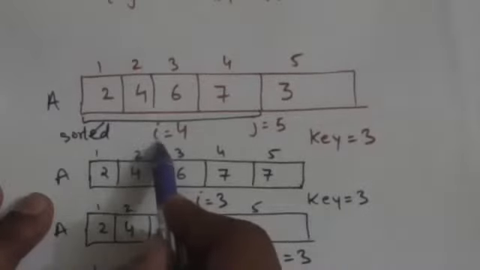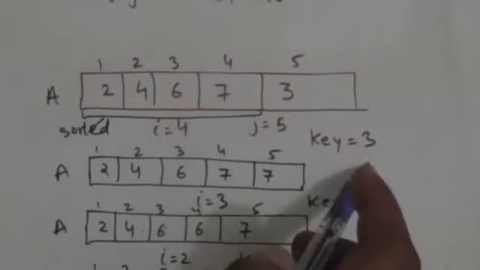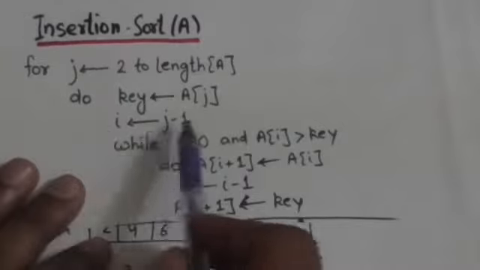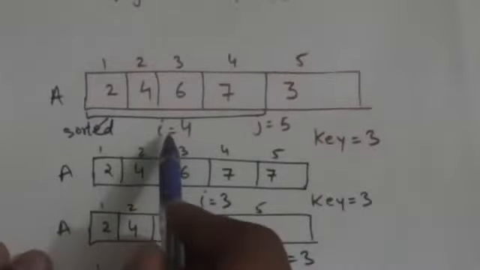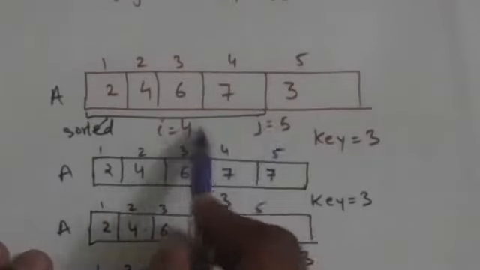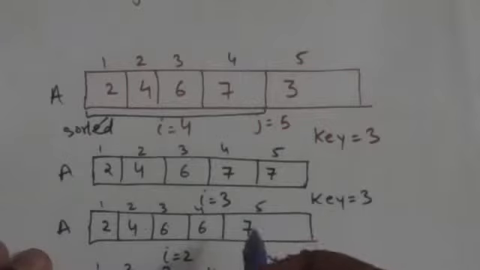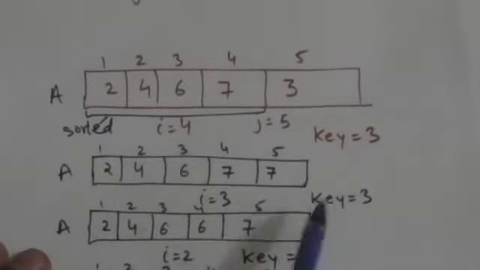Now the value of variable I is j minus 1. So here the value of variable I will be 5 minus 1, that is 4.